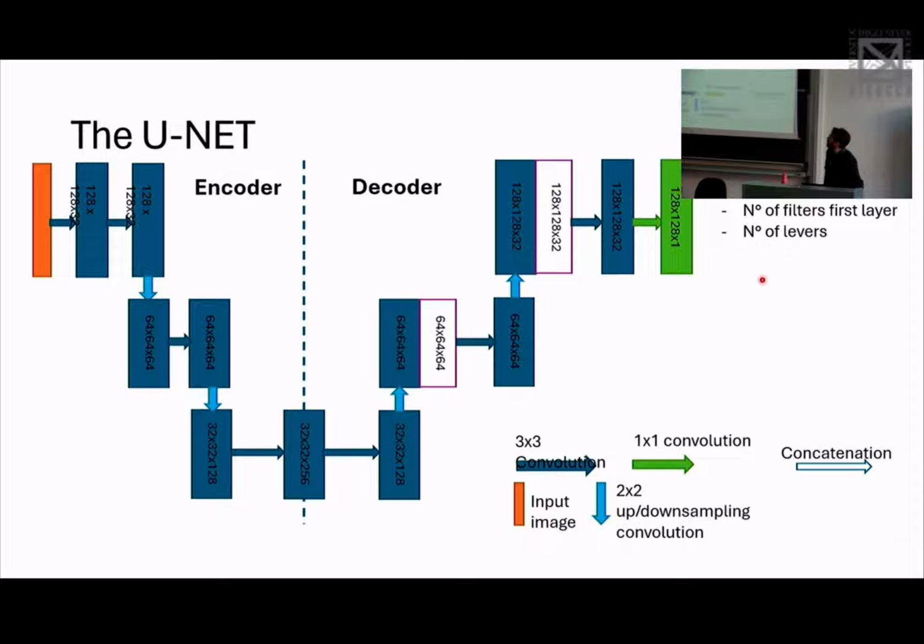Now, we have said an infinite number of times that this is a universal approximator, so it should be possible to learn this. Actually, it is possible to learn this. It works in the autoencoder.